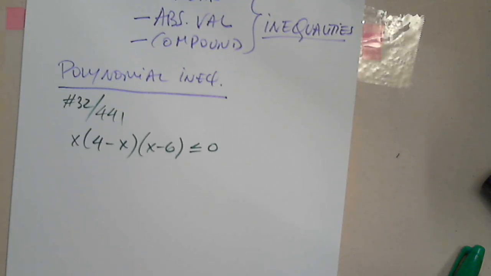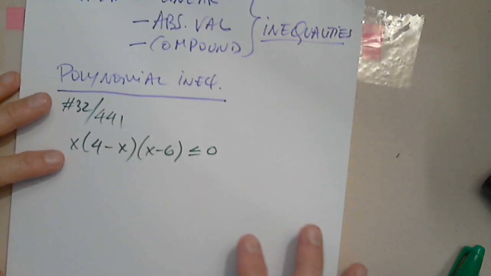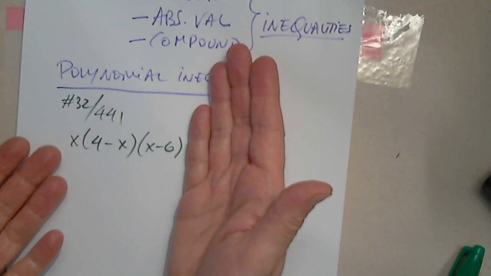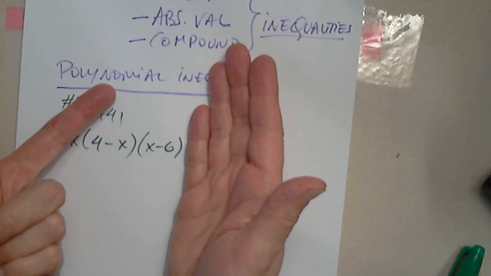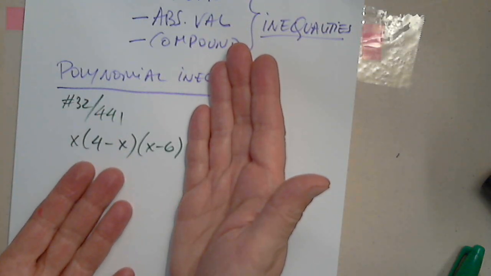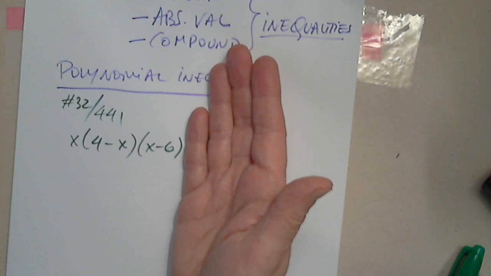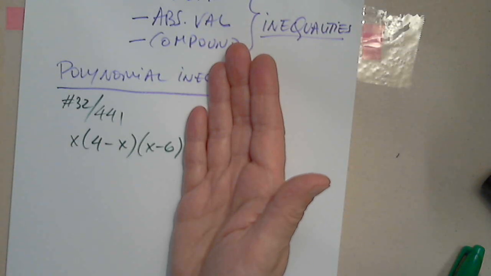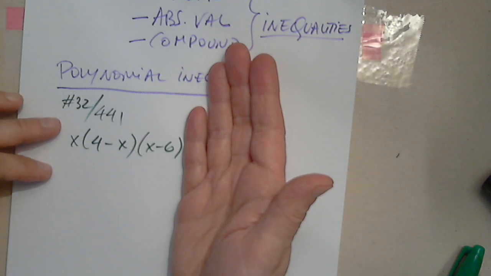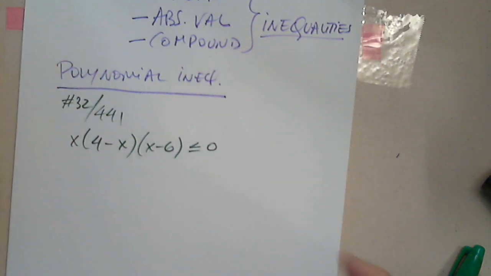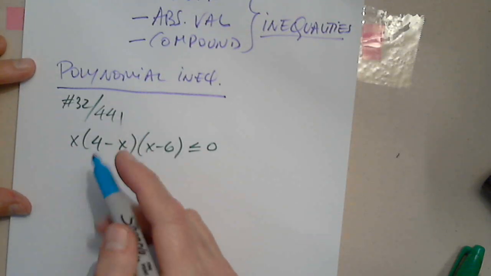On the left-hand side, I see basically it's a polynomial. Can anyone identify the degree? This is basically coming from 3.2. Do we know the degree of this? 3. Very good, awesome. X times x times x is degree 3. Excellent.